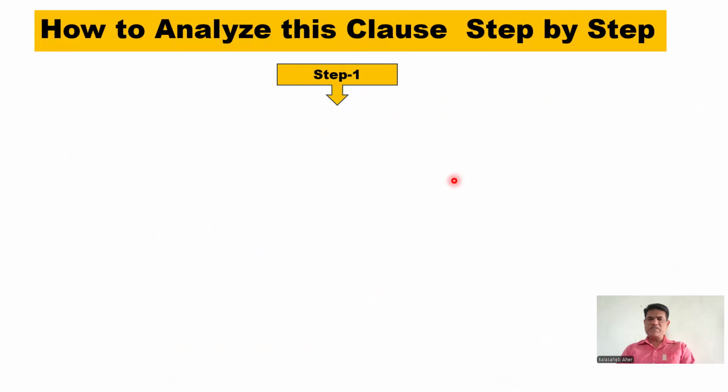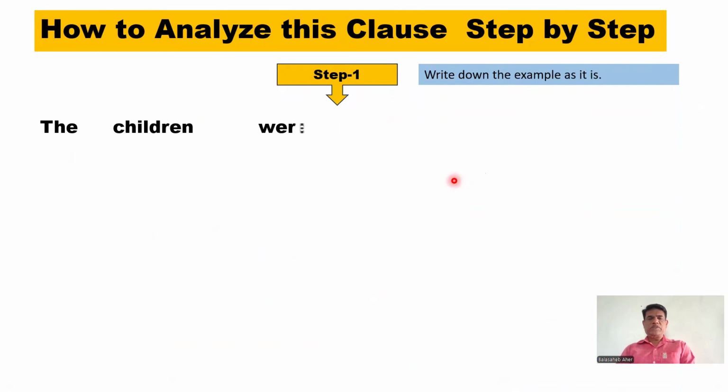So the first step is we have to take down the example as it is given in the question paper. So let us do it first. So we have taken down the example. The children were playing in the garden, that we have taken from the old question paper.